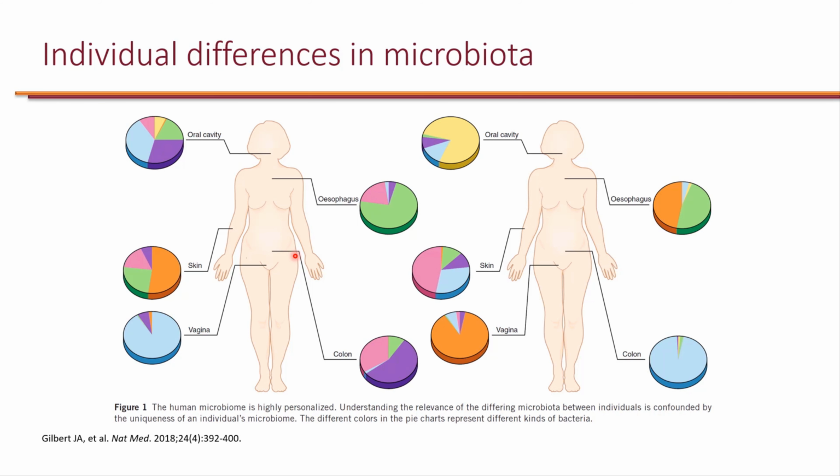The composition of microbiota is very different, and this is part of why different individuals have different health outcomes. It's really difficult to make sure that people have the same flora composition, and it may not even be necessary for everybody to have the same composition. But in general, we know that the more diverse the flora, the healthier the person would be.